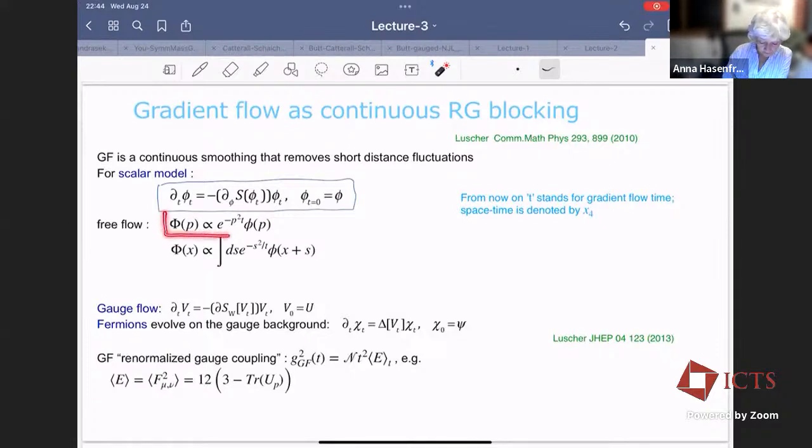And in fact, in momentum space, we simply pick up an exponential suppression of the field, and in position space, you might recognize it as the kind of smearing that I had last time. That is, take fields at distance s from where we start, and give them a weight factor e to the minus s squared over t.